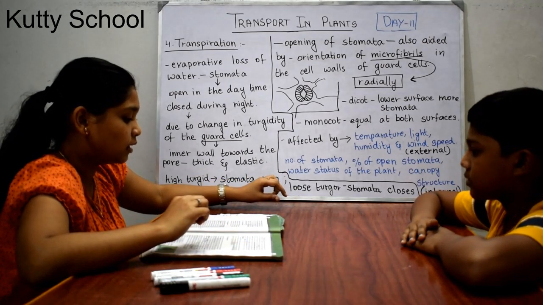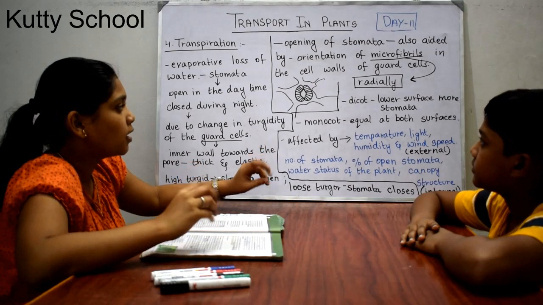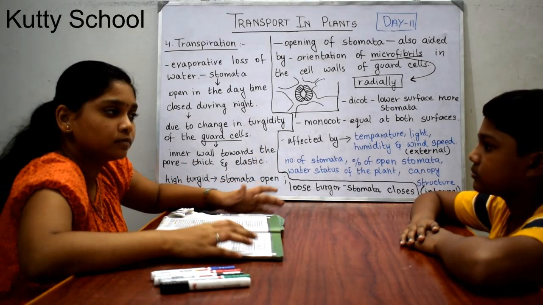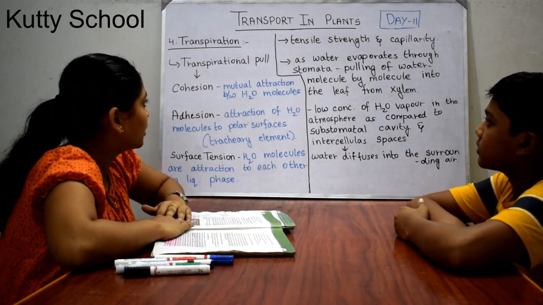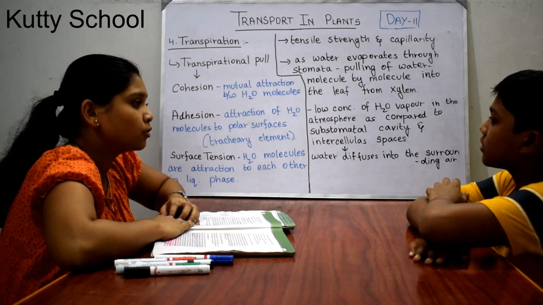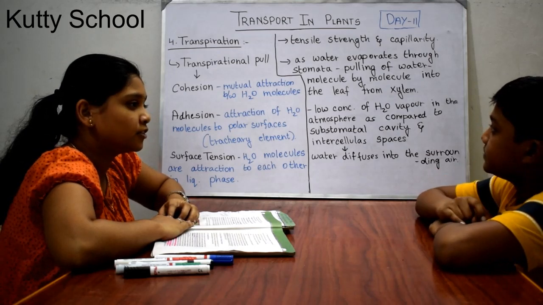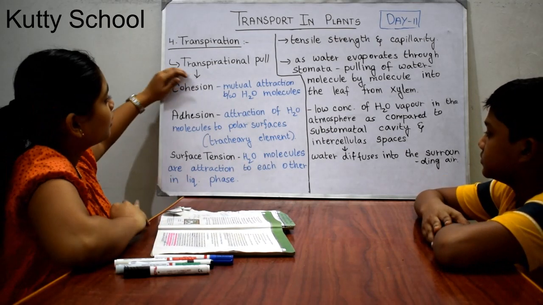Next we will see transpiration pull, the movement of water from the stem to the leaves. We have already seen that transpiration pull involves cohesion, tension and transpiration force. So what are cohesion, adhesion and surface tension?